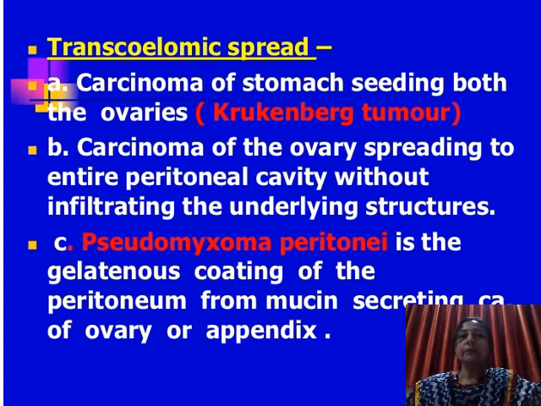Carcinoma of the ovary spreading to the peritoneal cavity without infiltrating any other underlying structure. That is a peritoneal cavity spread. Pseudomyxoma peritonei is a gelatinous coating of the peritoneum from a mucin secreting carcinoma of the ovary or the mucin secreting carcinoma of the intestine, or commonly the appendix.